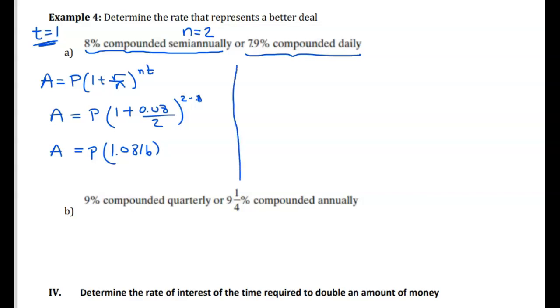Now let's look at the second option. The amount is the principal times 1 plus 7.9%, which would be 0.079. Daily, n is 365, to the power nt, so 365 times 1 year.